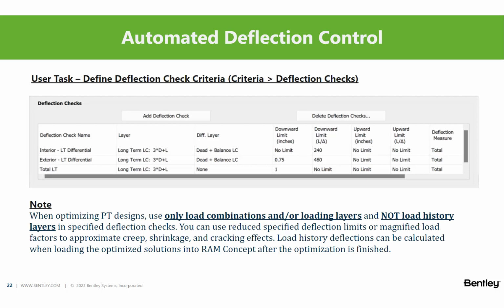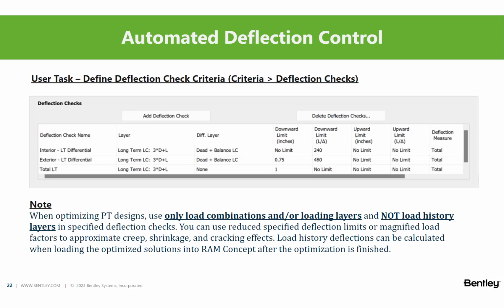And we also offer a diff result layer. If that's used, Concept will look at the deflection from the loading or load combination that is selected for the layer in the layer column and subtract the deflection for the loading or load combination that is selected for the diff layer.